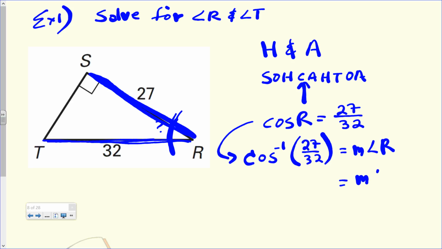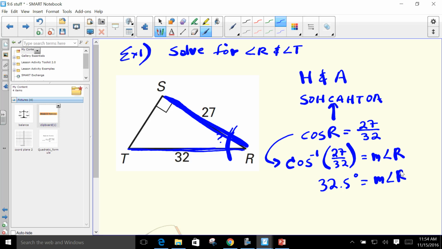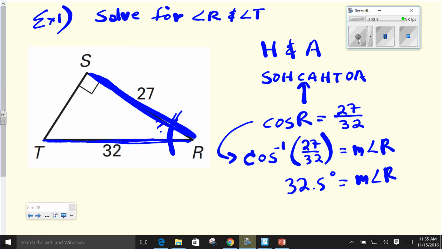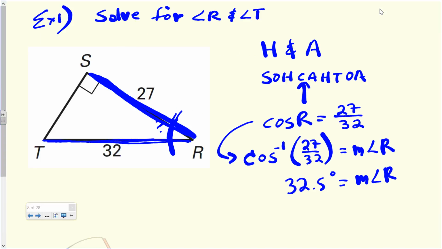So the measure of angle R is equal to 32.5 to the nearest tenth. Angle R, we found angle R now. This is 32.5 degrees. How do I find angle T?